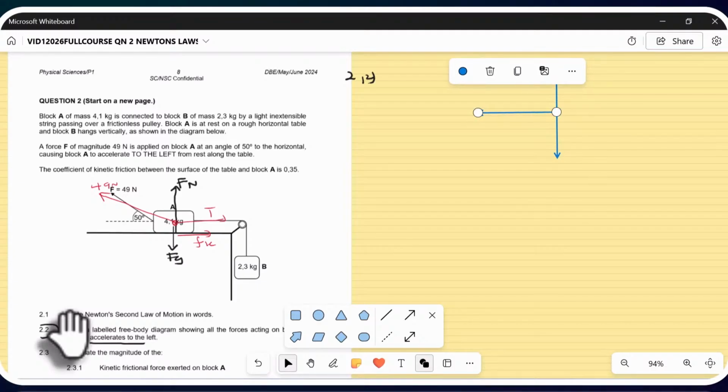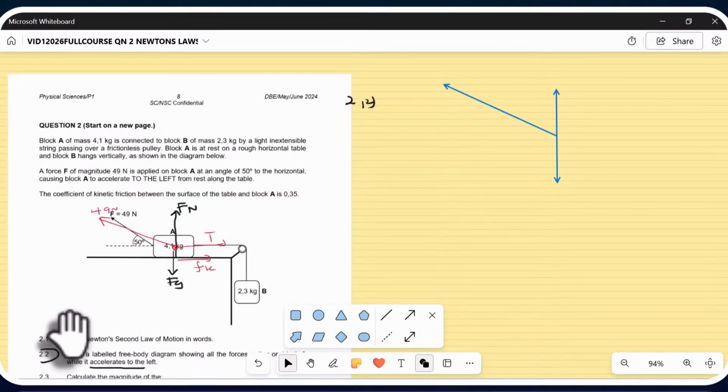Now this applied force is opposed by two forces. That's the tension force together with the frictional force. So the tension force here is opposing the motion, okay? And because the body is going to the left, the tension force is pulling, you see it is pulling to the right, together with the frictional force here.